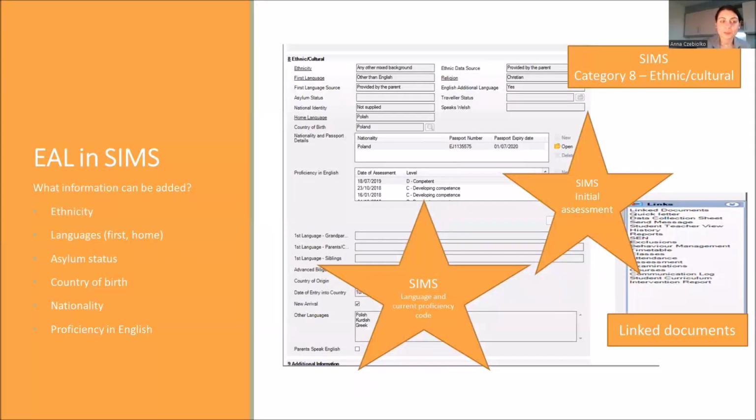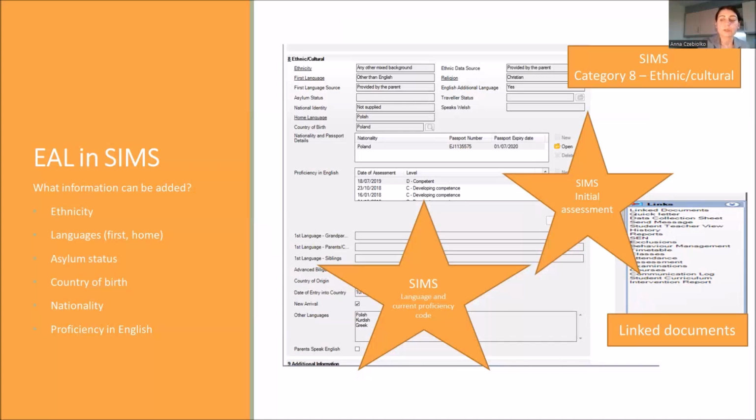EAL in SIMS, what information can be added? So we have to check the category number 8, ethnic cultural category, where we can see students' ethnicity, languages, so that could be the first and the home language, the status, country of birth, nationality, and there is an assessment tracker where we can add the levels of proficiency as well.